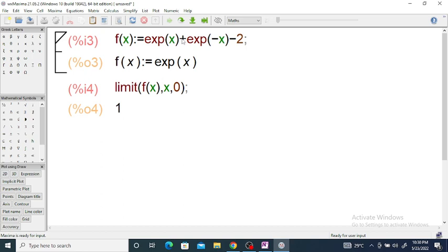First, if you want to check the numerator limit, the limit of the numerator is equal to 0.